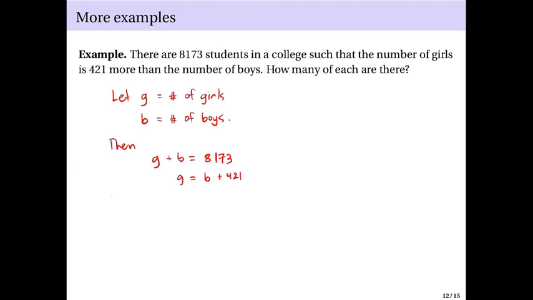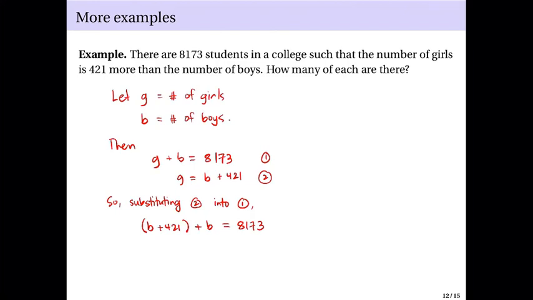So say you have this as equation 1 and this as equation 2. Substituting equation 2 into equation 1, we will have B plus 421 plus B equal to 8,173. And then we just solve for B.